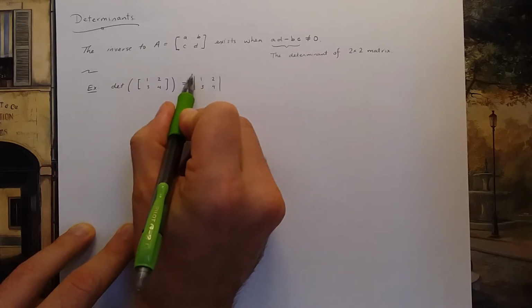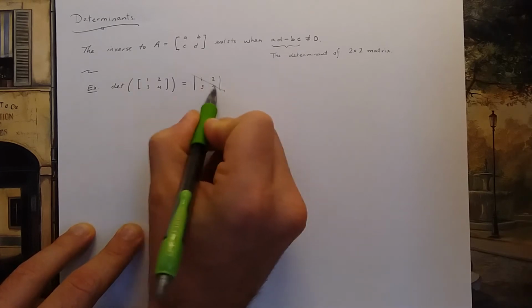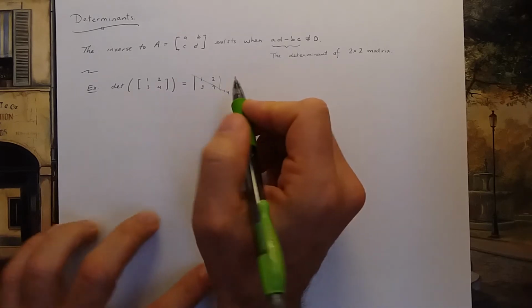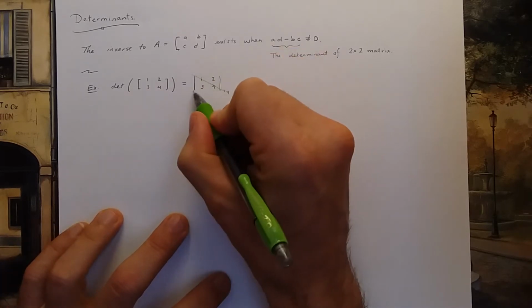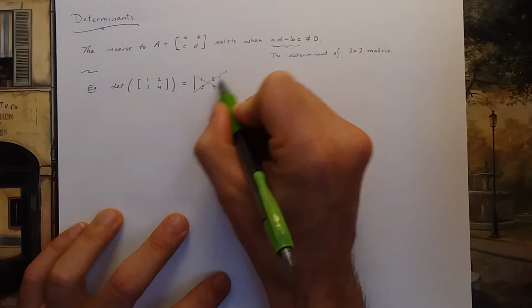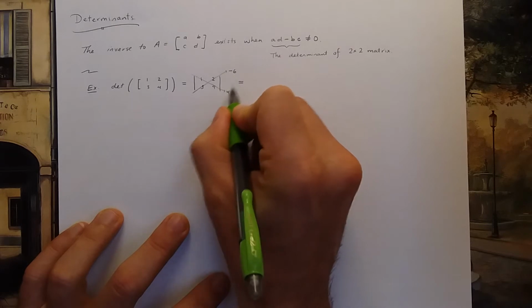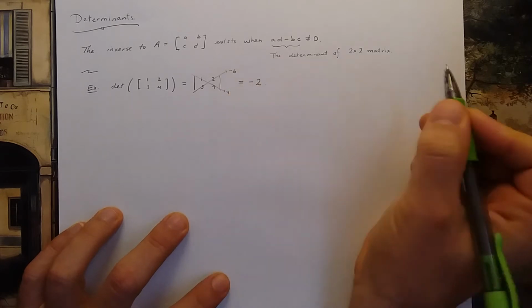So the determinant is the product of 1 and 4, which is 4. That's A times D. And then I subtract the product of the other two numbers, so minus 6. So 4 minus 6 is negative 2.